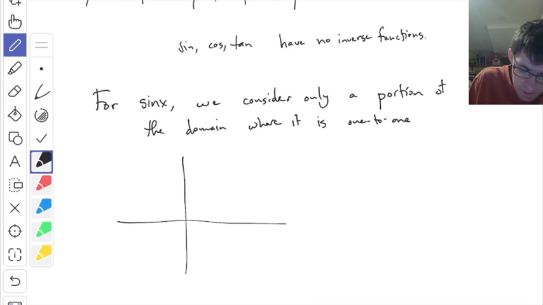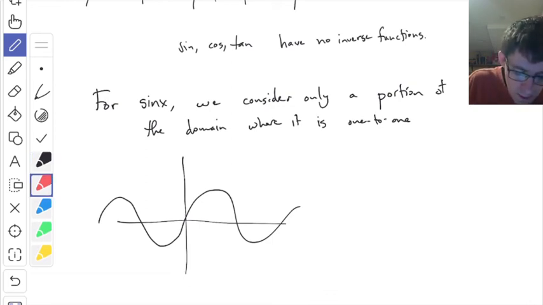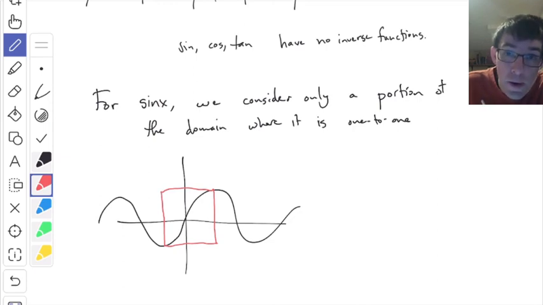So remember, sine of x looks like this. Not one-to-one, but if I focus only right here, within this box, it is one-to-one, all right? So we are going to ignore all the function values outside of this domain.